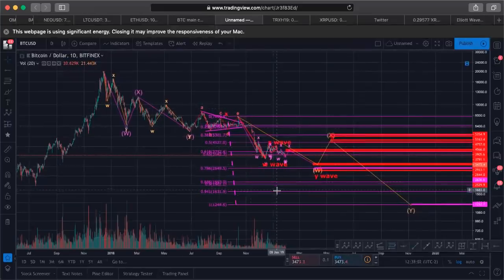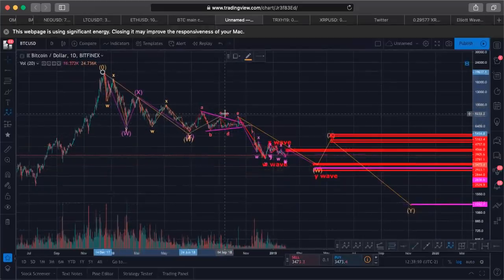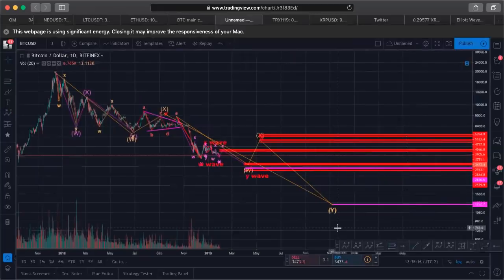Now, let me get rid of that fib. All right, we've got all our targets there. We have completed a big WXY. Once that is complete, what could happen is we get another X wave up and we come down for a Z. I think that would be the most likely scenario at this point, because I don't think the bear market will finish here.